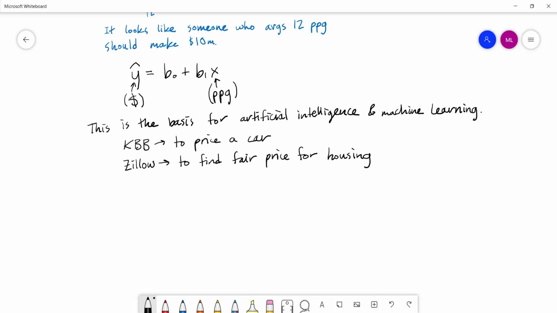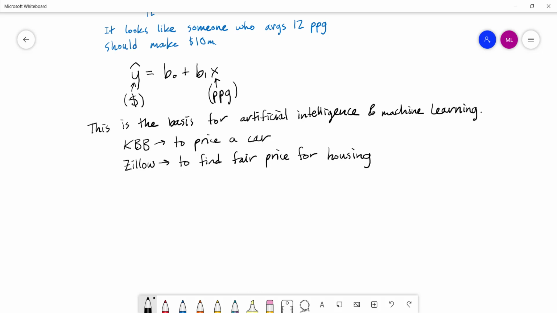Amazon uses information based on the products you've purchased that it assumes you like to do regression to try to predict what things you may also be interested in purchasing, or what other people put in their carts, to come up with predictions for what you would be interested in.